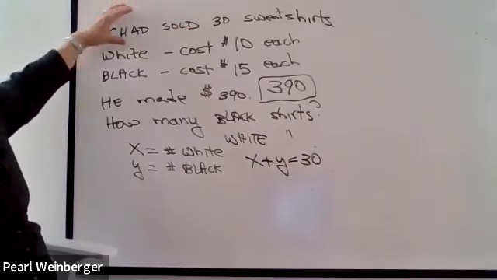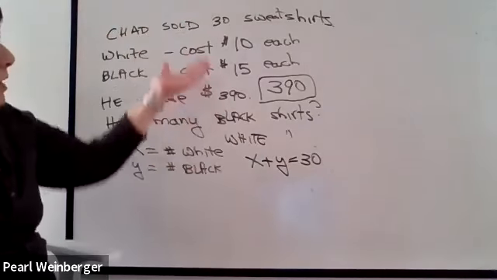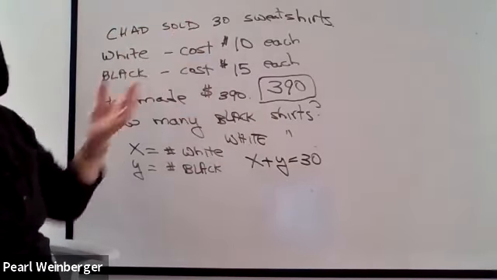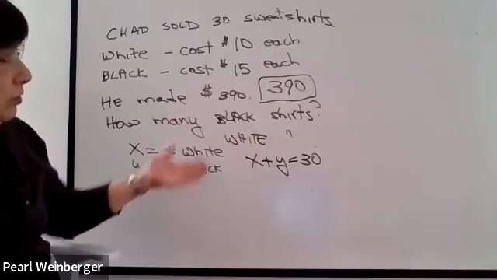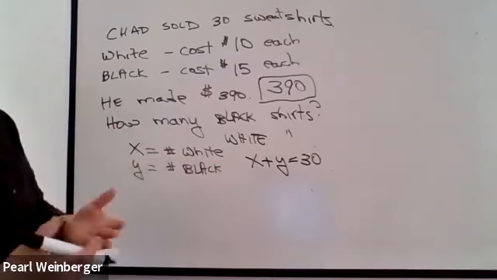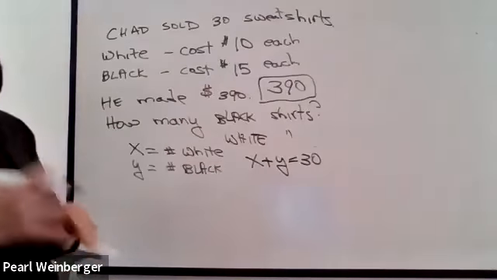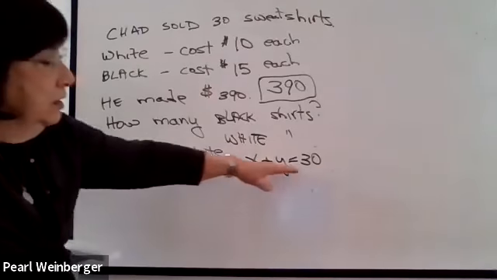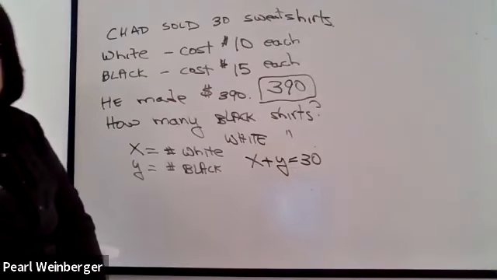Because the total number of white sweatshirts and black sweatshirts equated to 30 sweatshirts in total that Chad sold. Right. When it says he sold 30 sweatshirts, it's just telling us how many altogether. So he sold white and black ones. So altogether, in other words, plus, you get 30. Perfect. What was your second equation? My second equation was 10x plus 15y equals 390.